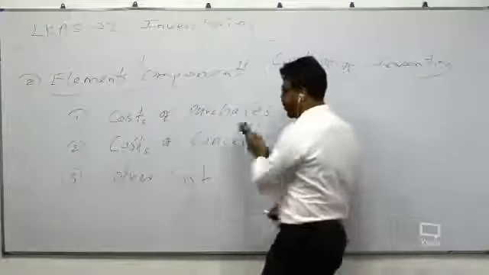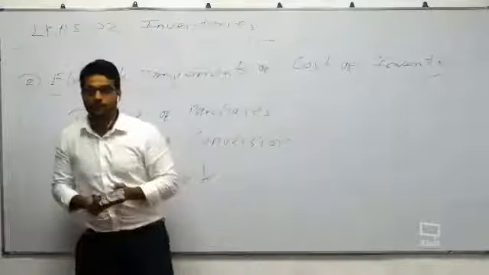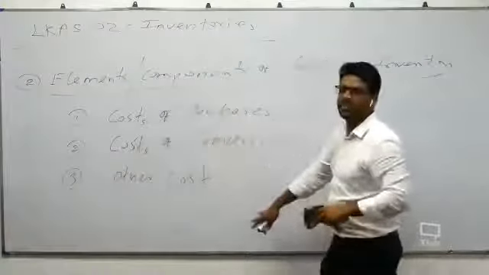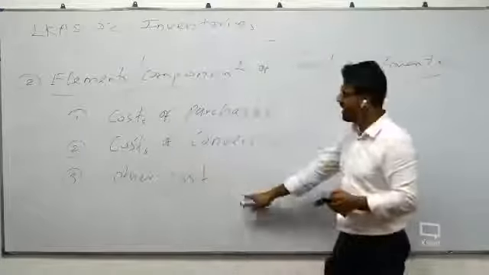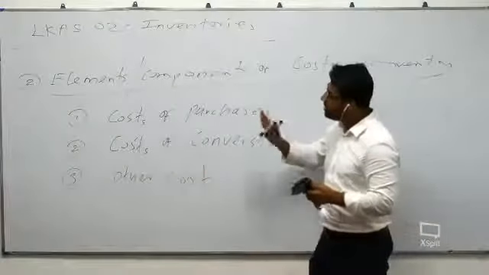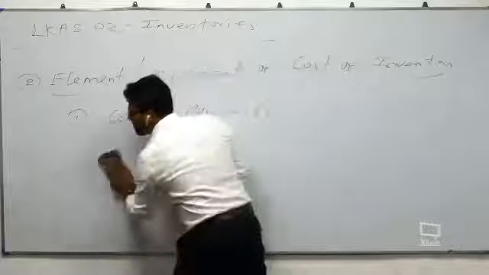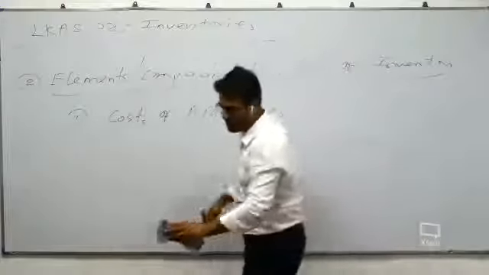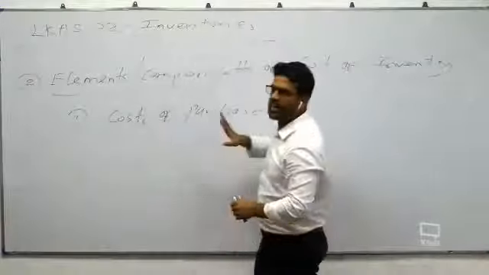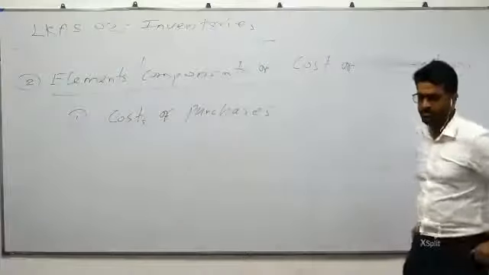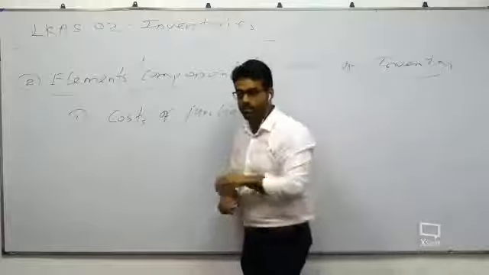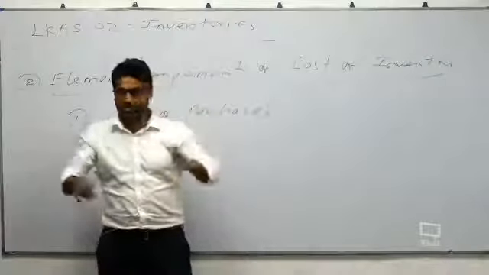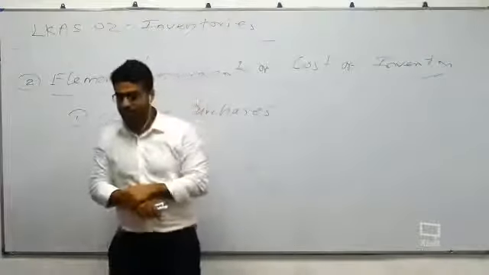Okay guys, move on. Now, you know the 3 elements: cost of purchase, cost of conversion, and other cost. Cost of purchase means what? Any one of the students, tell me around 5 elements of cost of purchase. I'm taking only the cost of purchase. Import duty, included or not included?